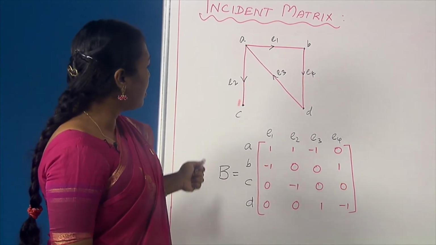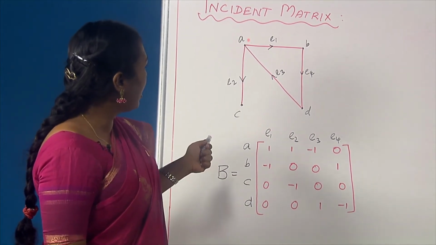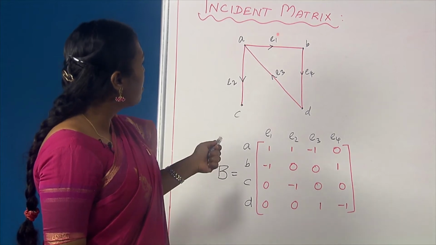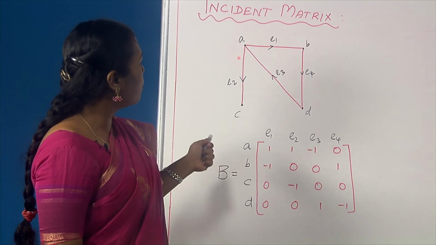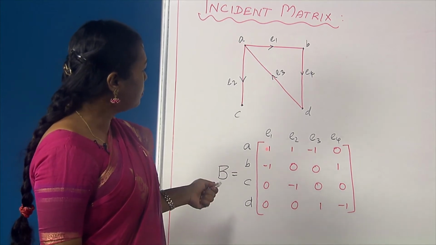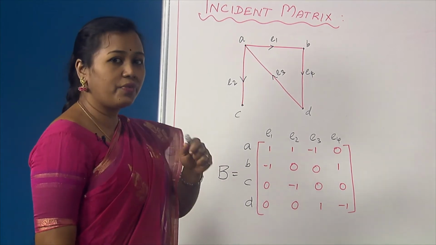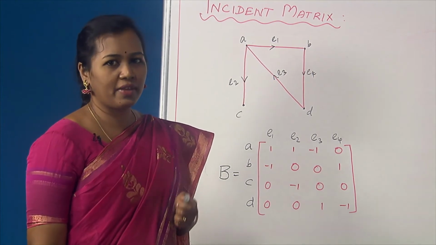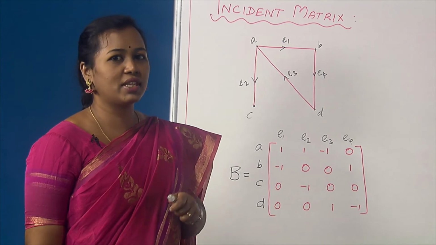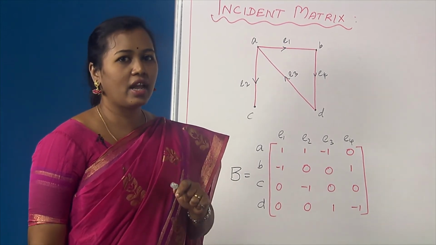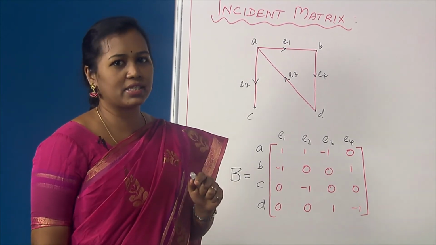Now, let us see A to E1. So, A, E1 is 1 because E1 is going outside of A into B. Likewise, we should recall the definition of in degree and out degree. For in degree we use d minus, and for out degree we use d plus.